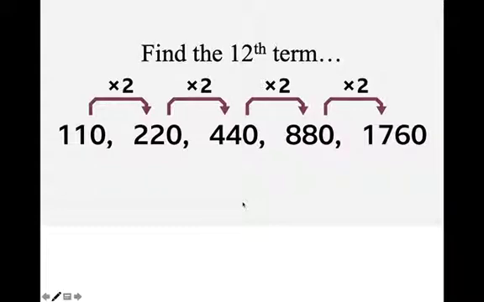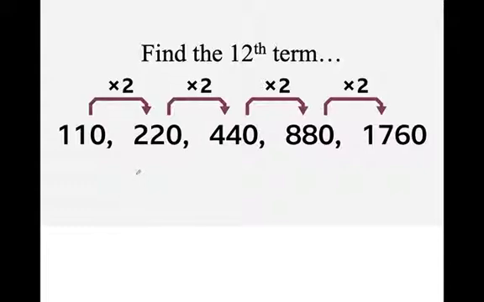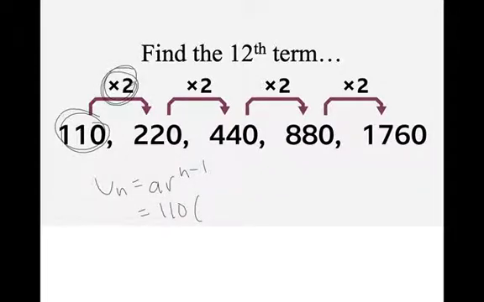A more challenging question could be, find the 12th term. So I have my formula. un equals a r to the n minus 1. a is my first term, 110. r is what I'm multiplying by every time, 2.